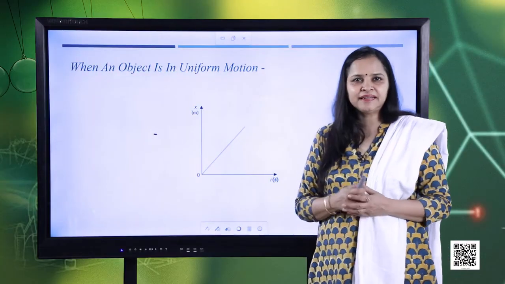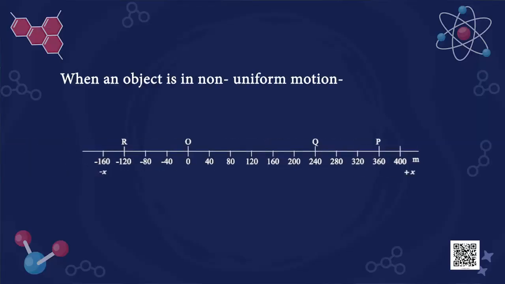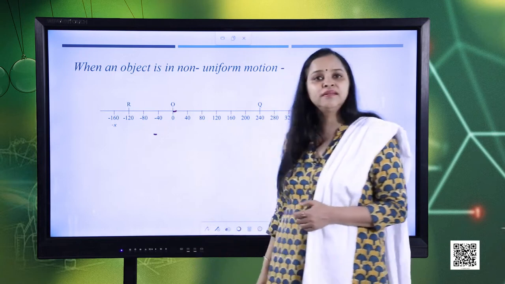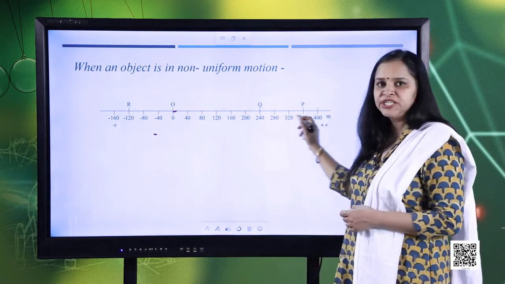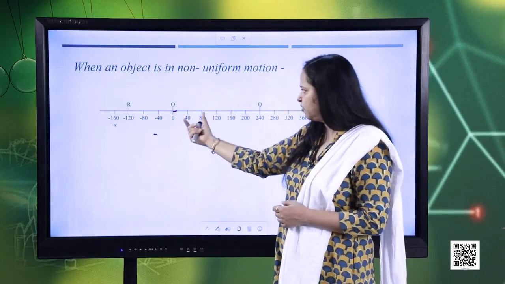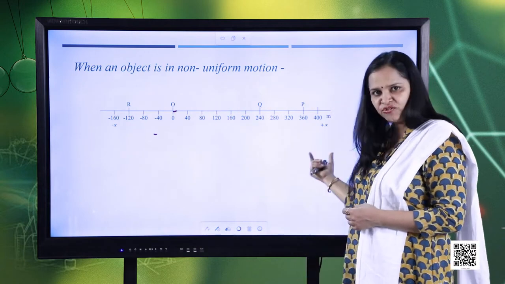Now let us consider another case, where the object is having a non-uniform motion. For that again I consider a similar reference frame, and now I consider that initially the body starts from 0 position, and along the positive direction you see the division of the distance is given equal. So the span is 40 meters each, it's 40, 80, 120, 160 and so on.